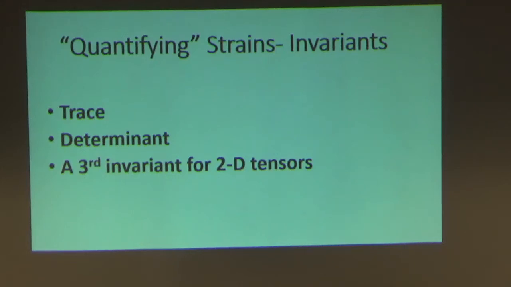But if you want to use a rigorous way of quantifying strains, then a reasonable way would be to use the invariants. Okay, so that would not depend on what coordinate system you use; it would be the purest or most accurate representation.